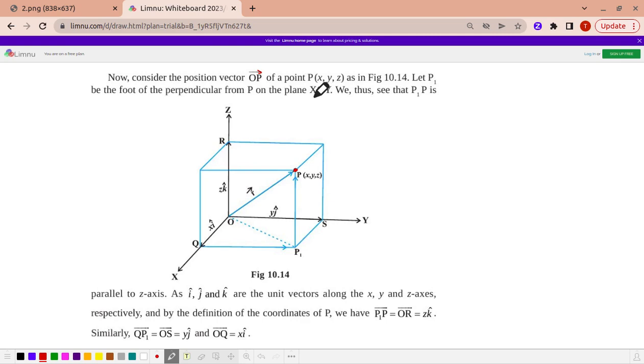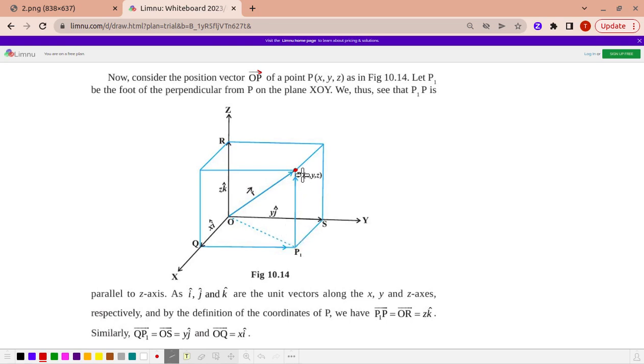Okay, now as the point P has the coordinates x, y, z, as you see in the adjoining diagram, let us take a point P1 which is the foot of the perpendicular from the point P on the plane XOY.